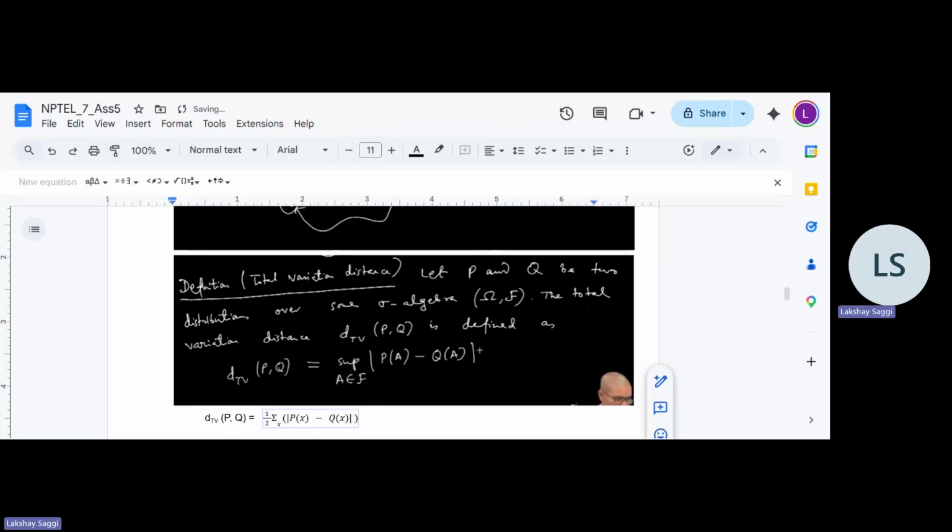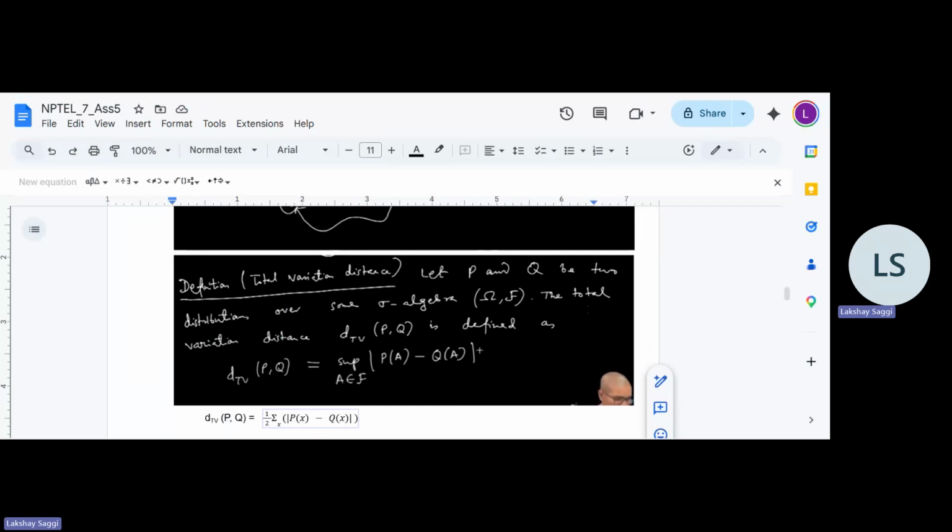If you take the unsigned value of p of x minus q of x, sum it over all possible x, and take its half, then that is equal to the total variation distance.